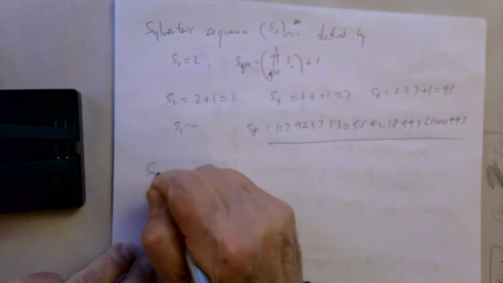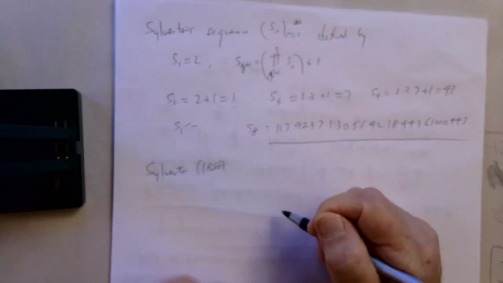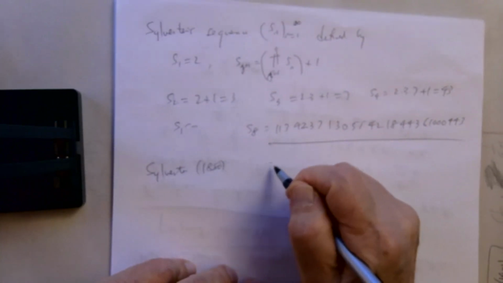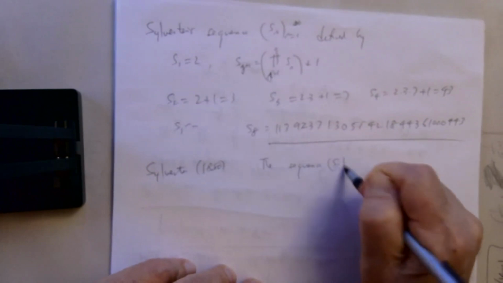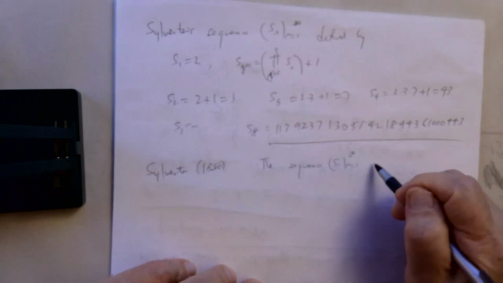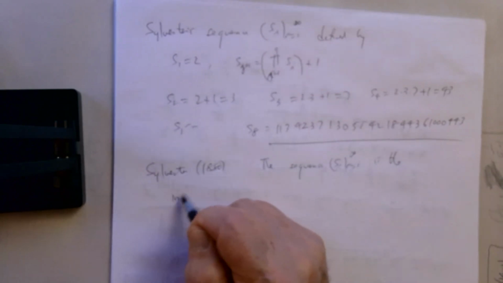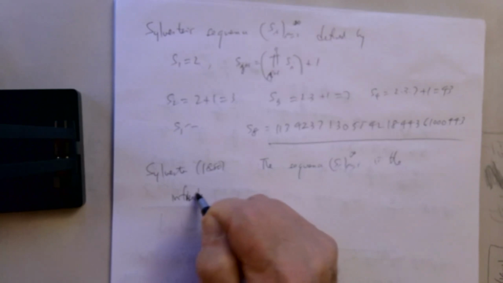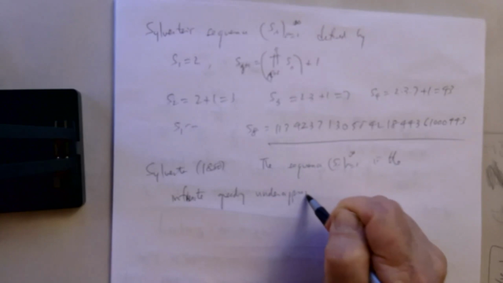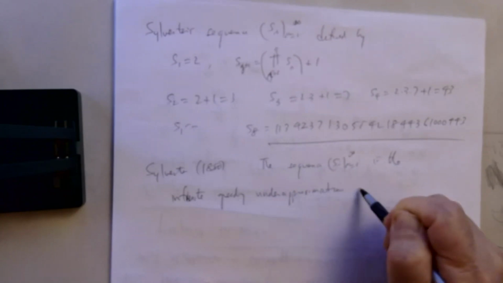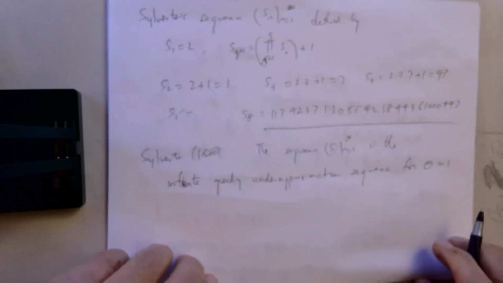And Sylvester proved, this is about 1880 or so, that the sequence S sub i, i equals 1 to infinity, is called the infinite greedy underapproximation sequence for theta equals 1.